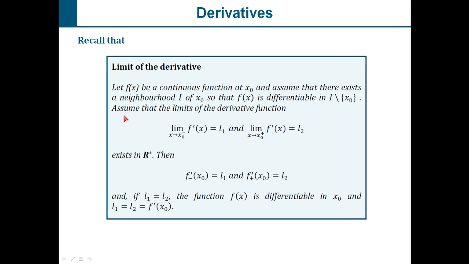Moreover, assume that the limits of the derivative function, the left limit L1 and the right limit L2, exist. Then if these two limits are equal, we can infer that the function f of x is indeed differentiable in x0 and that the value of the derivative in x0 equals the value of the two limits.